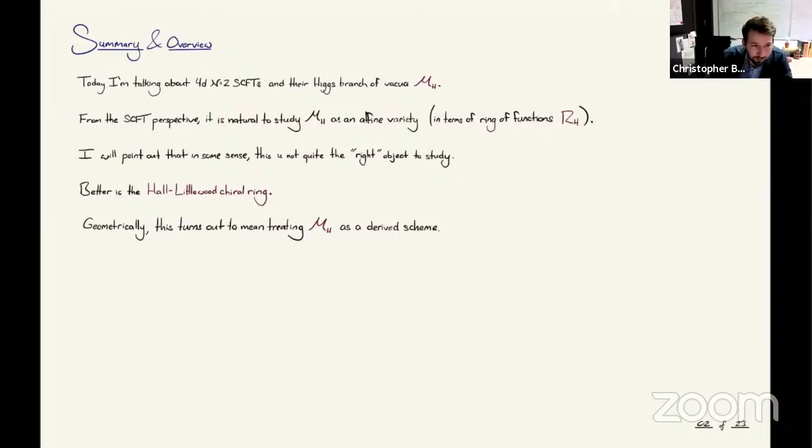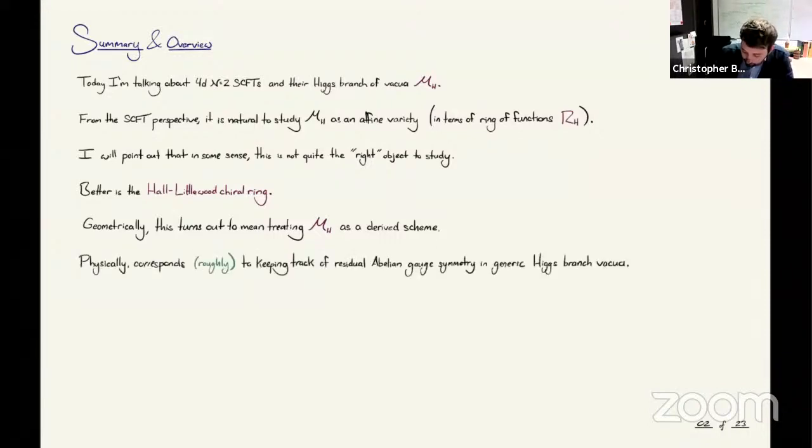But nevertheless, that's the point I'm making. And from a more physical point of view, saying that I should study the Higgs branch in this modified way roughly corresponds to saying that I should keep track in a particular way of residual abelian gauge symmetries that are preserved in generic Higgs branch vacua. And I'll expand on this for people who don't speak this language.